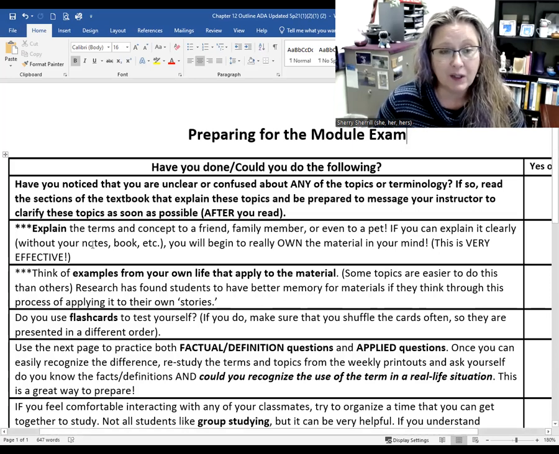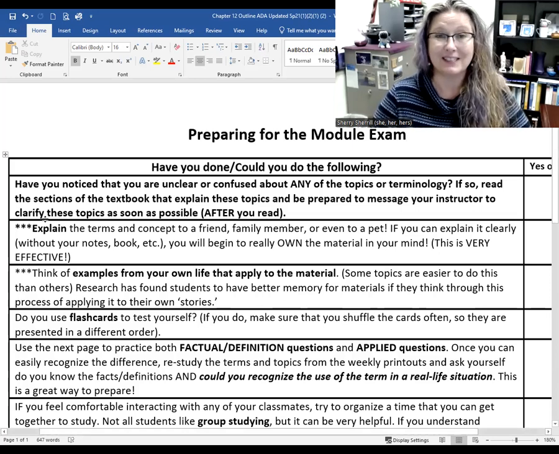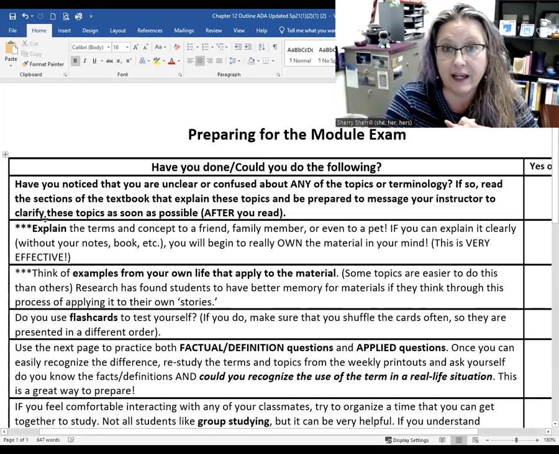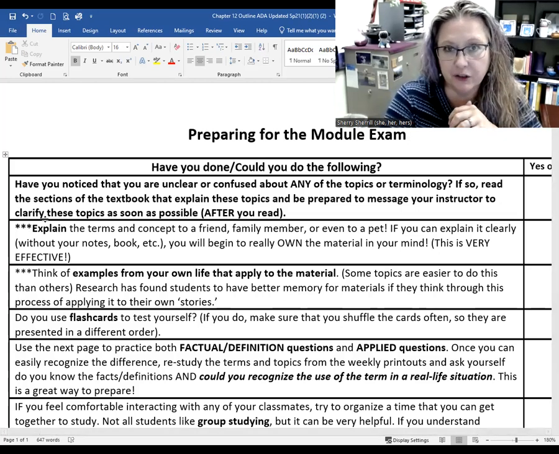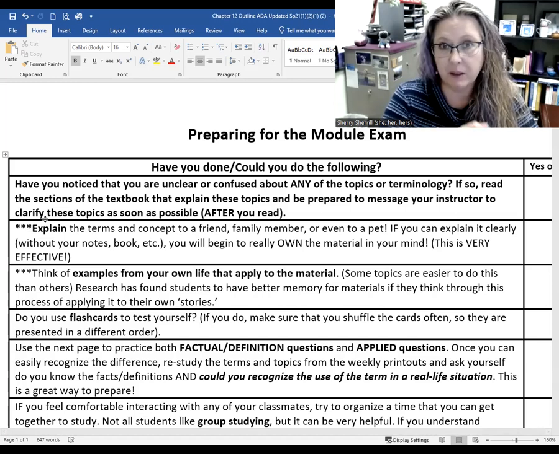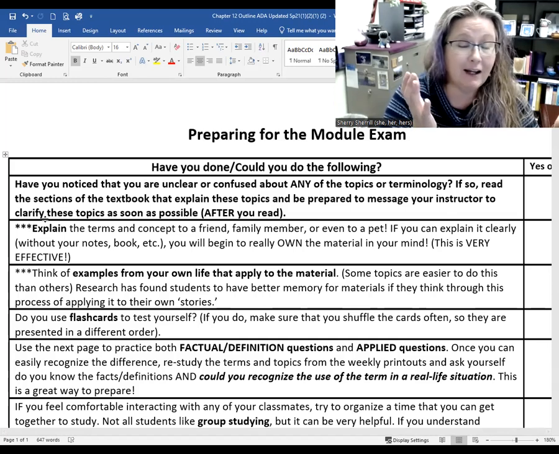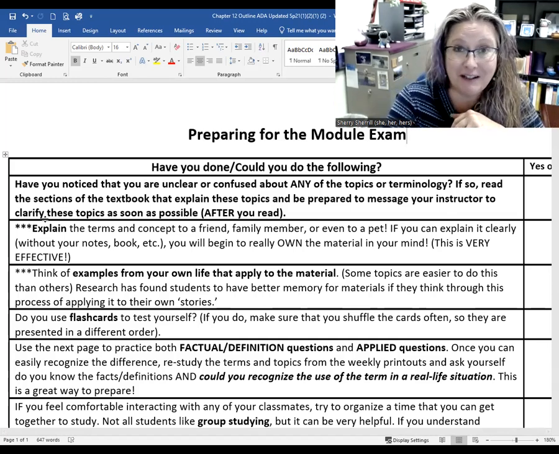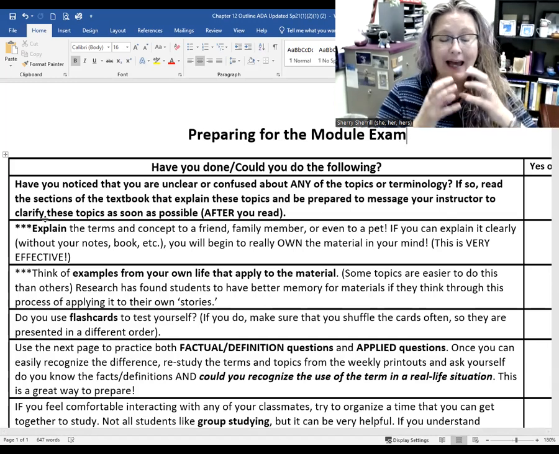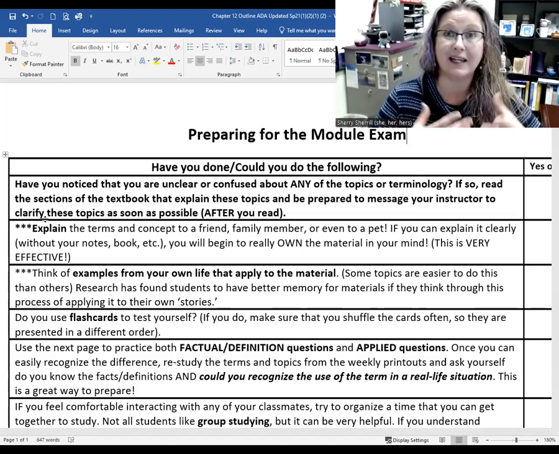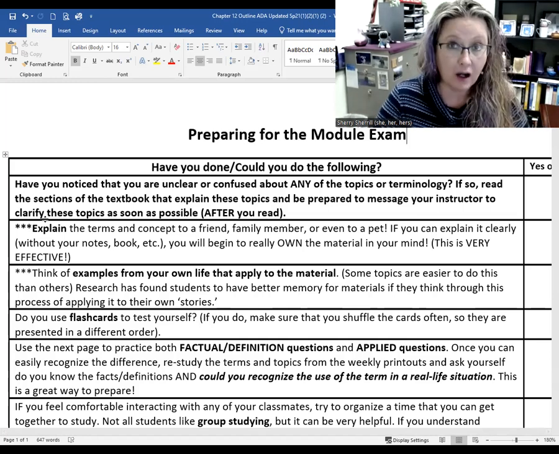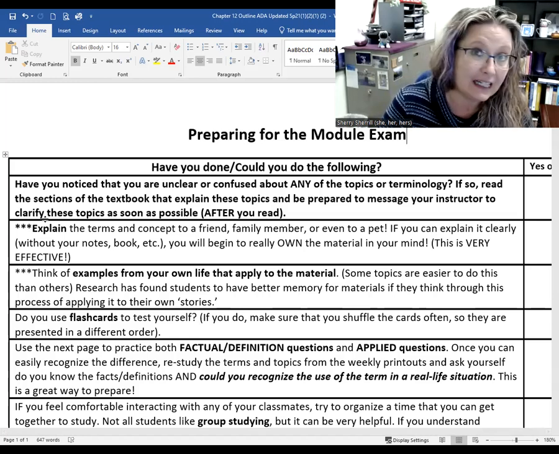Also, and I have 3 asterisks next to this because I think it's such a great way for students to really master the material: if you have a family member or a friend, or maybe your dog, or I've even had a student say they did it with a stuffed animal, take the time to actually verbalize and explain and talk about what you're learning in class.